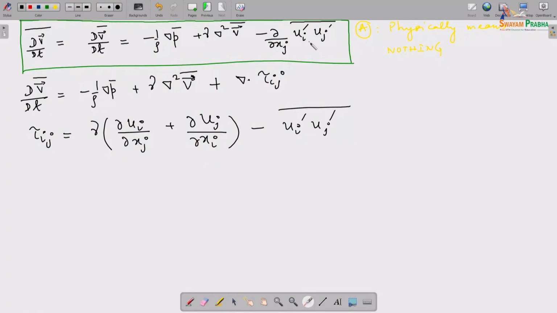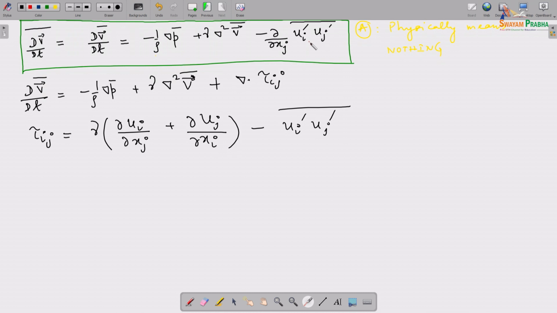I'm going to write it in this fashion. If I write it this way and then take the gradient of this, I should be getting back this equation. You have to cross check whether that is correct or not. This is an exercise I'll leave you to do.